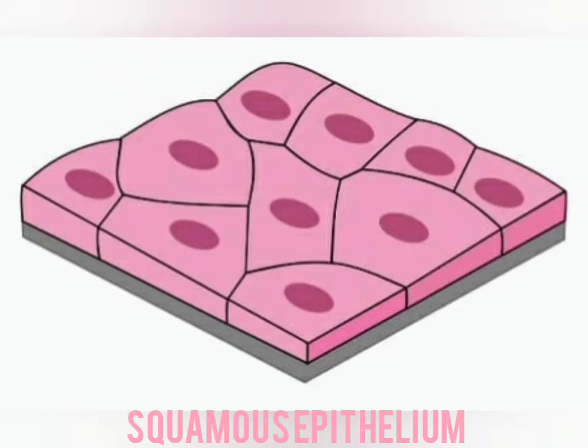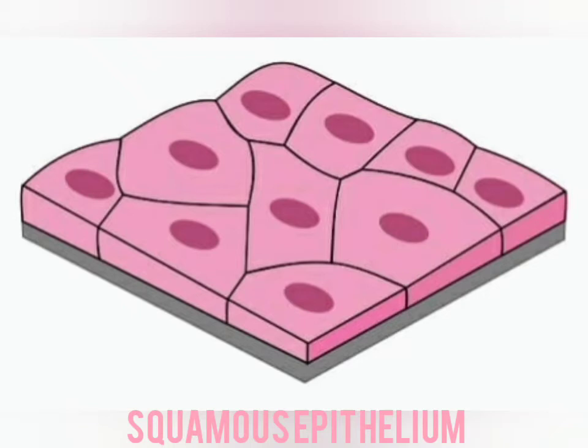The margins may be smooth or wavy. Squamous epithelium can be simple or stratified. In stratified epithelium, the basal layer lying in contact with basement membrane continues to add new cells as the older surface cells are torn away.